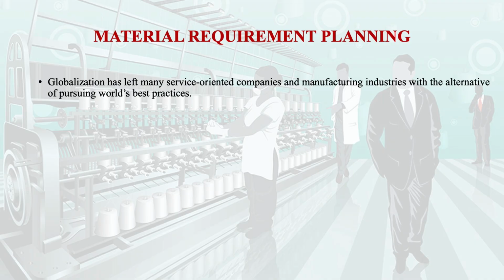Today we are in the age of globalization. Earlier the focus was only on city-based or national suppliers. Now companies from different countries are also coming to India. Globalization has left many service-oriented companies and manufacturing industries with the alternative of pursuing world best practice.